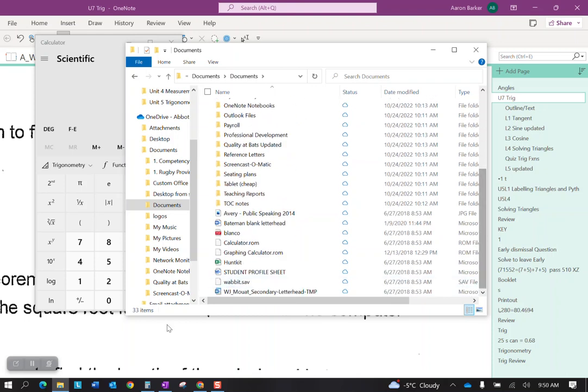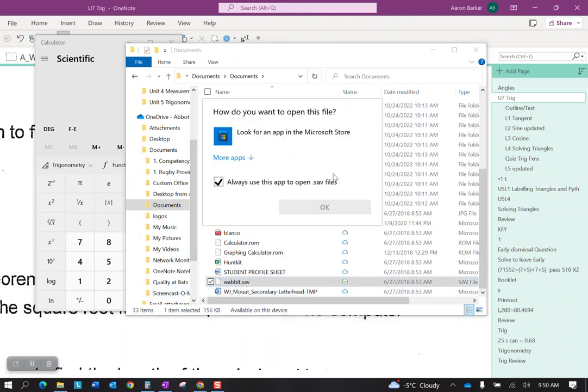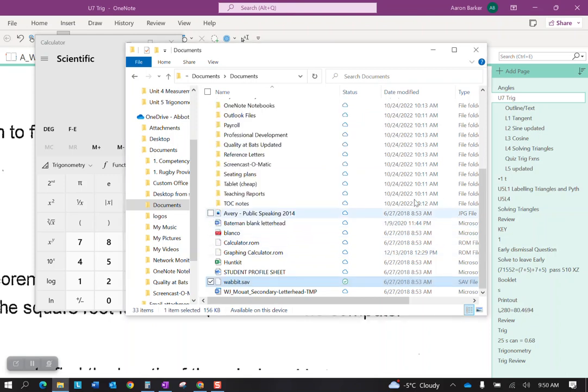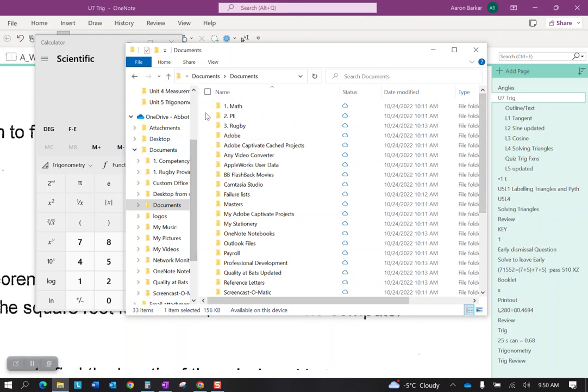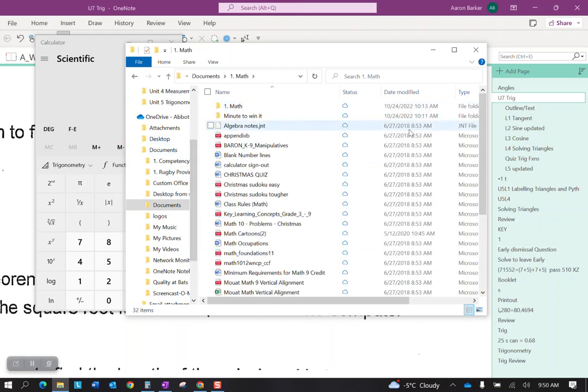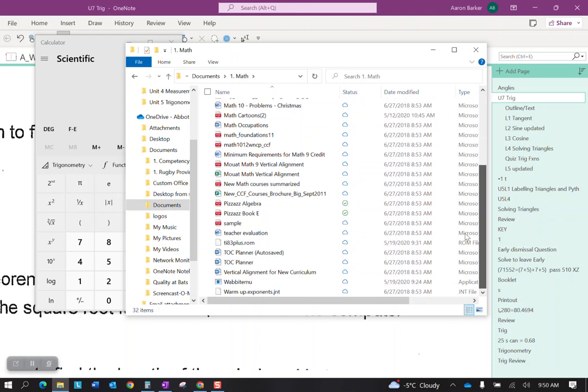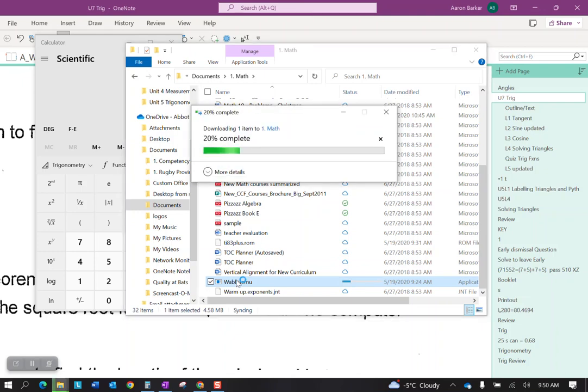Oh, here we go. Nope. Calculator.rom. Here we go.